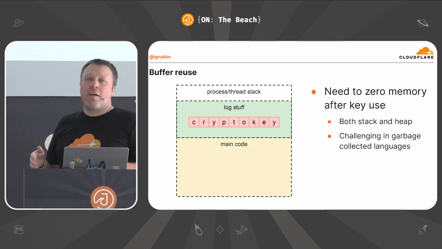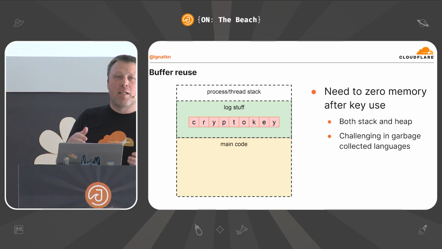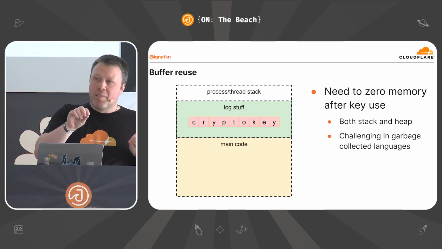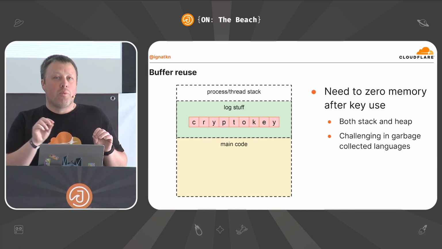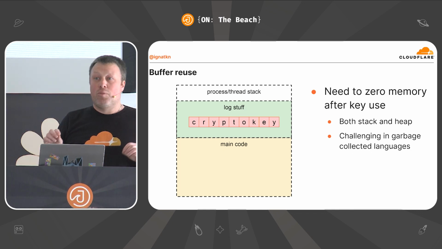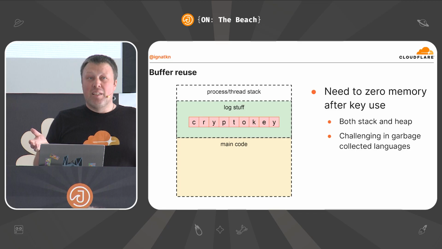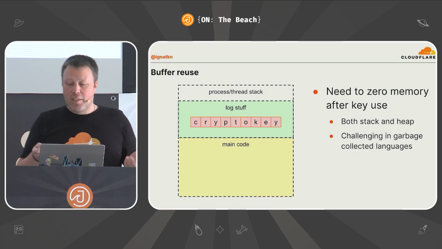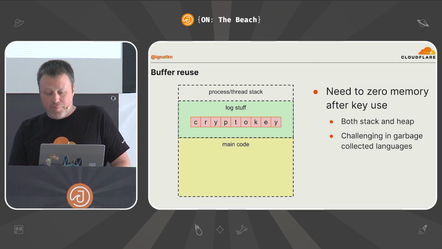That's why, if you ever dealt with cryptographic keys and some kind of compliance, you would always hear the requirement to explicitly zero out the memory where the key was present, which is quite easy to do in C++, but very hard to do in languages like Java and Go, where you have an explicit garbage collector.